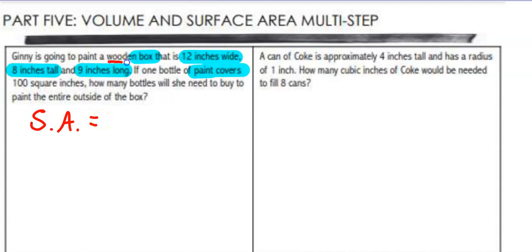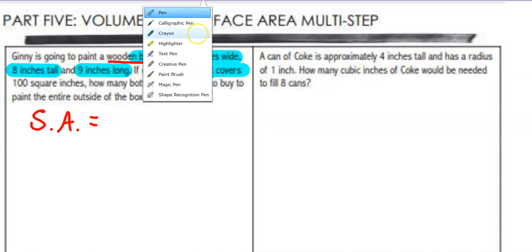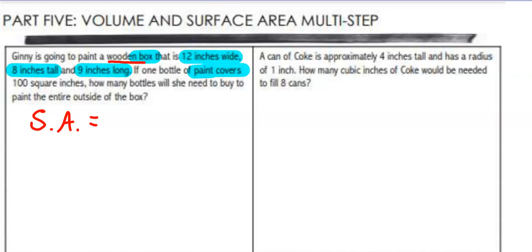And because it's a wooden box, we know that it's going to be a rectangular prism. So the first step, there's some more stuff that we're going to have to do because it is multi-step. We're going to have to figure out how many bottles she needs to buy to paint the entire outside of the box. And one bottle covers 100 square inches.